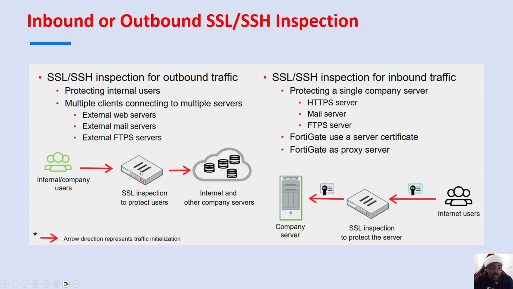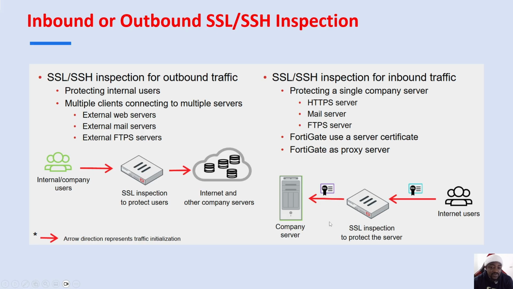This is the typical way where many users in the company are accessing different websites over the internet. In this case, your FortiGate is using SSL inspection to protect the users from the responses they are receiving from the external websites they are accessing.